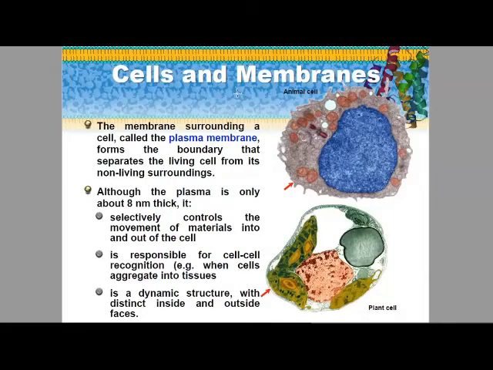Since we're talking about an inner and an outer environment that are composed of mainly water, we're talking about hydrophilic environments.